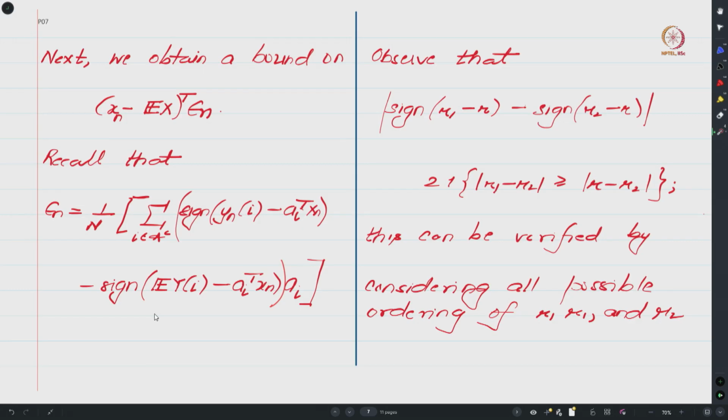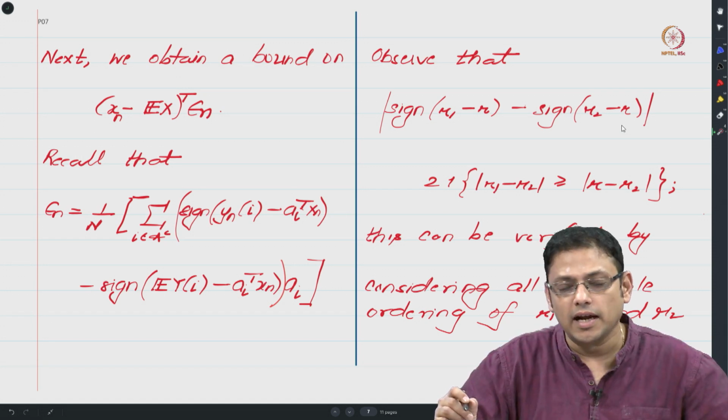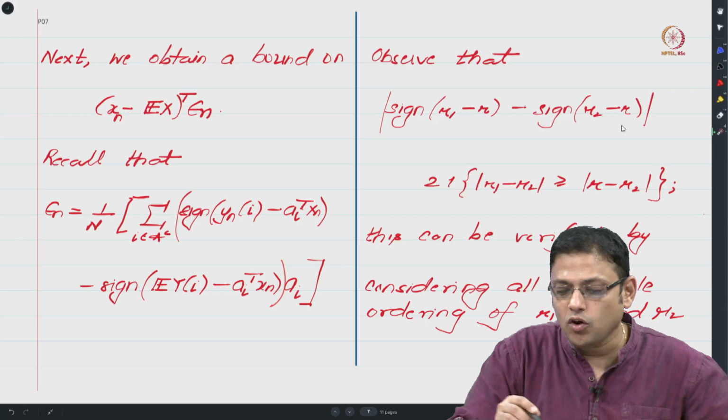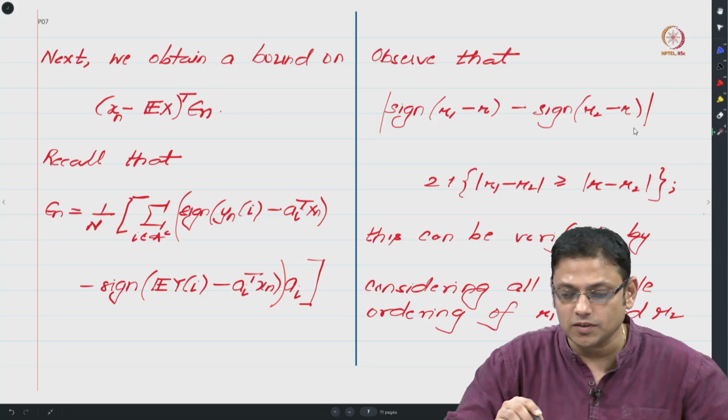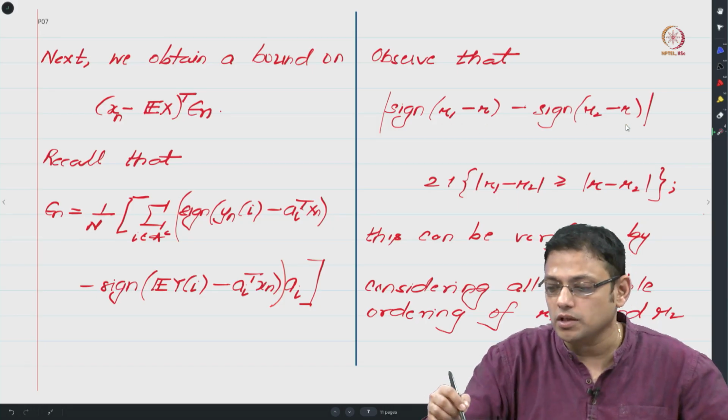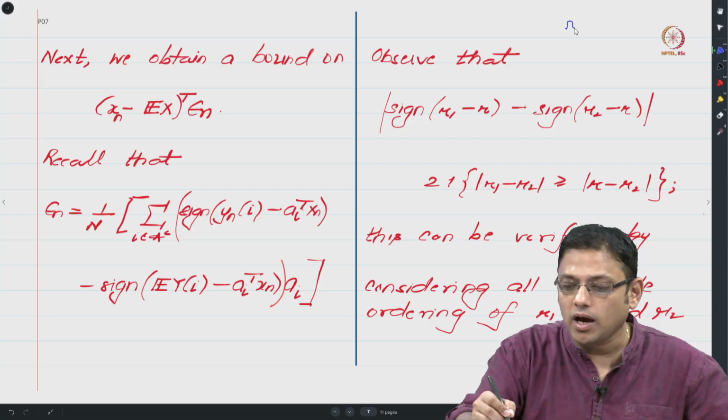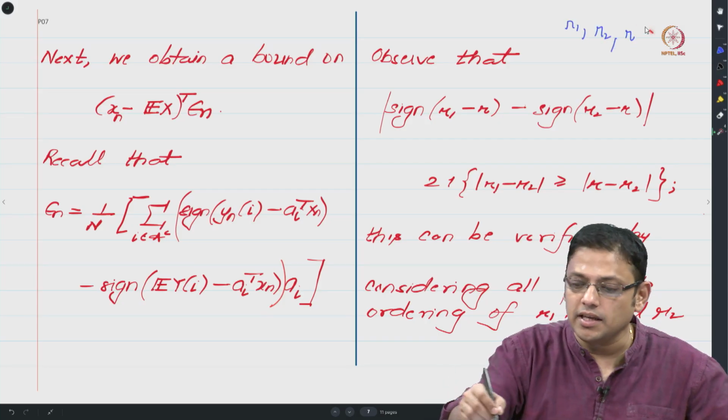So towards obtaining a bound on the sign expression, we will first make use of a relation that we discovered that exists between signs of numbers of such form. Let us first understand what we have over here. Suppose R1, R2 and R are 3 real numbers.